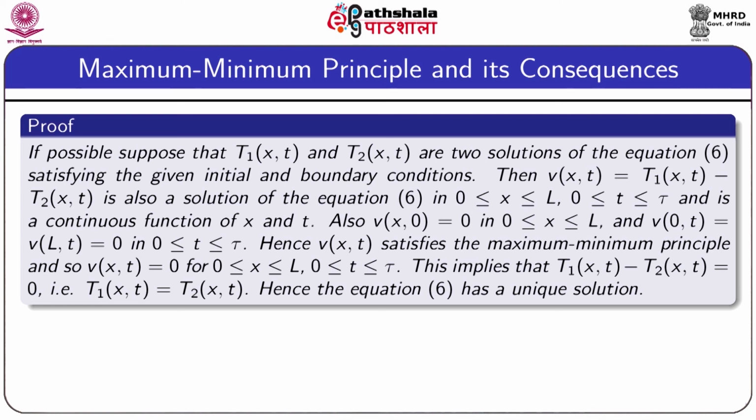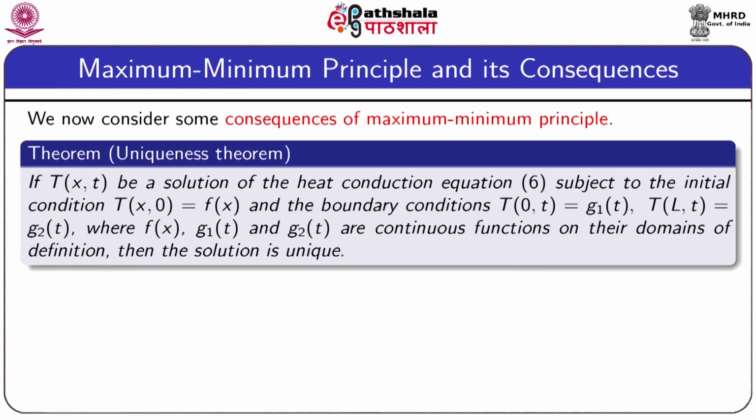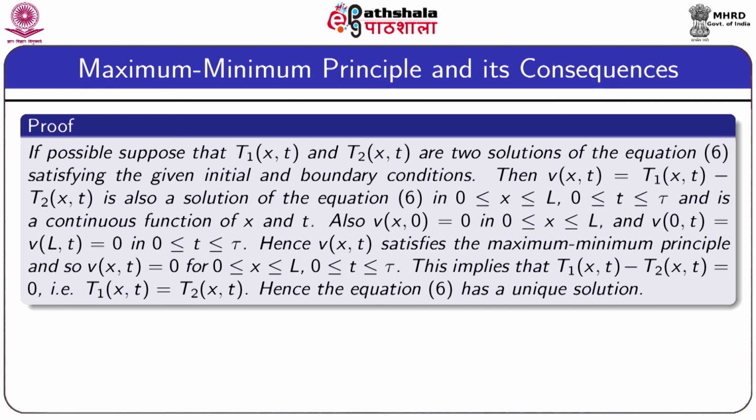and for the boundary conditions, V(0,t) is equal to T1(0,t) minus T2(0,t), which is equal to G1(t) minus G1(t). So it becomes 0, and similarly V(L,t) is equal to 0 for 0 less than or equal to t less than or equal to tau. Hence, V(x,t) satisfies the maximum minimum principle.